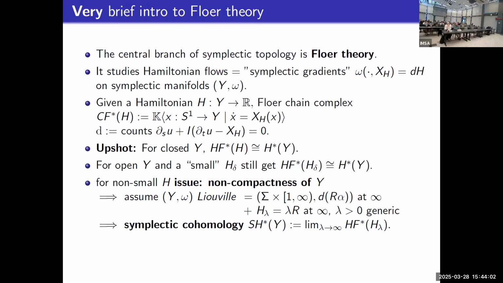So HF of H_lambda1 can go to HF of H_lambda2 by the same kind of Floer type equation, so same PDE, just the difference is that the Hamiltonian is going to interpolate between the smaller and the bigger slope. So those are similar equations to this one.